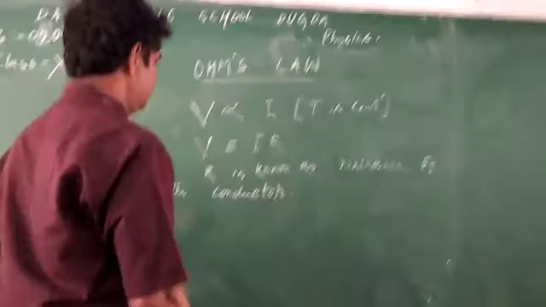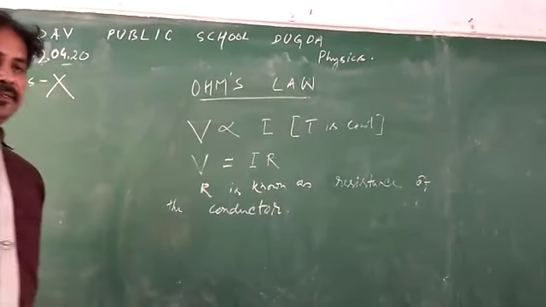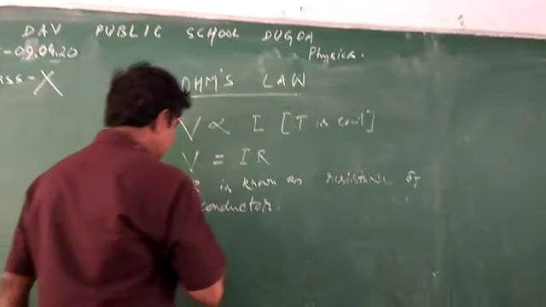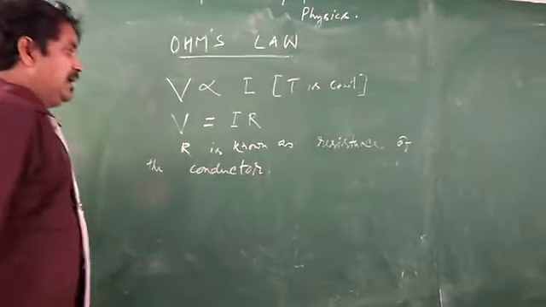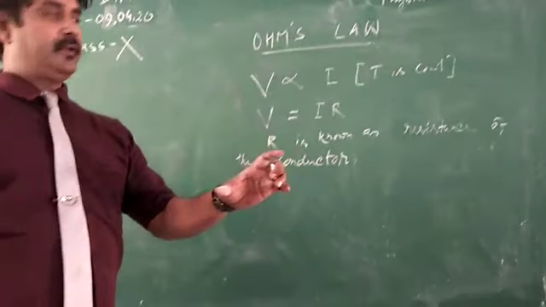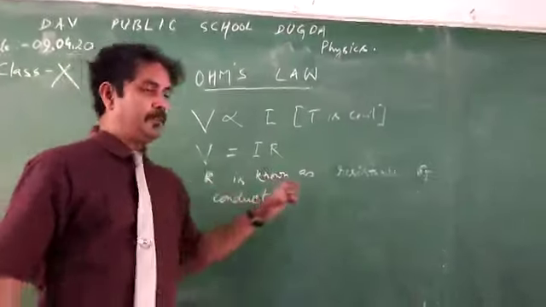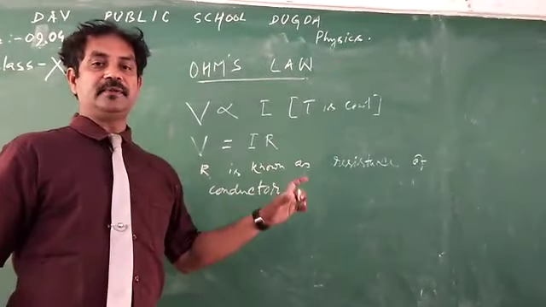Now, what is resistance? Resistance is again an inherent property of any conductor which opposes the flow of current.